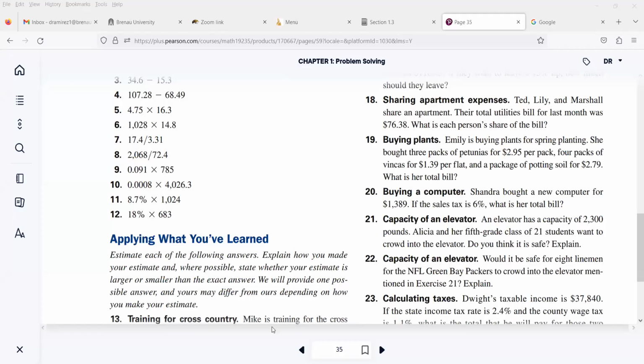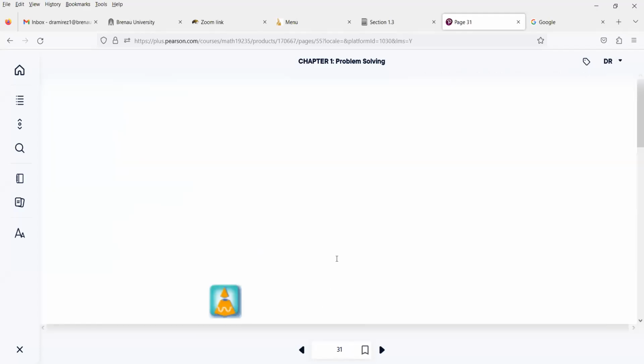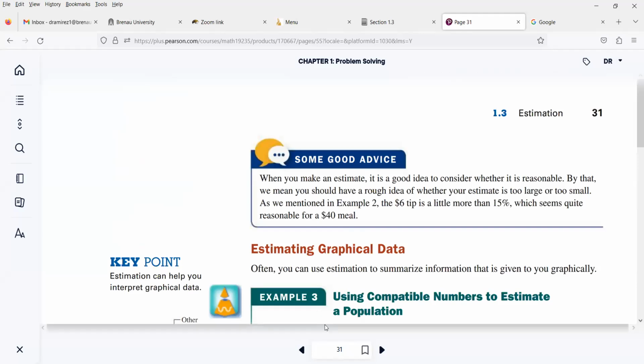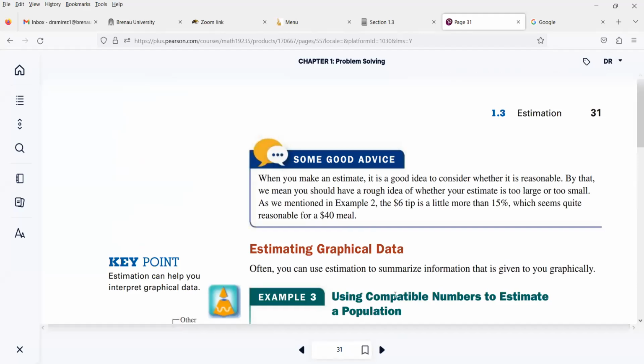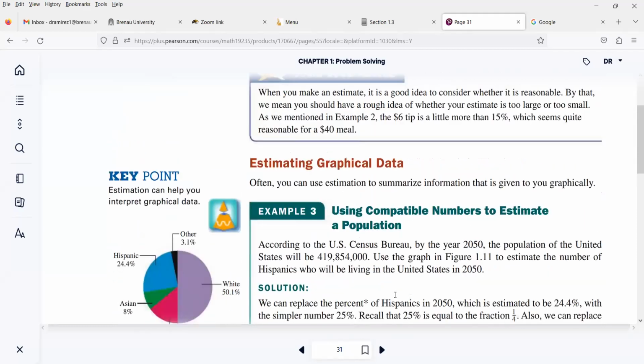So let's go back. So if you have graphical data, often you can use estimation to summarize information that is given to you graphically. So we're going to do example 3. I'm going to copy the statement and the pie chart on the left.